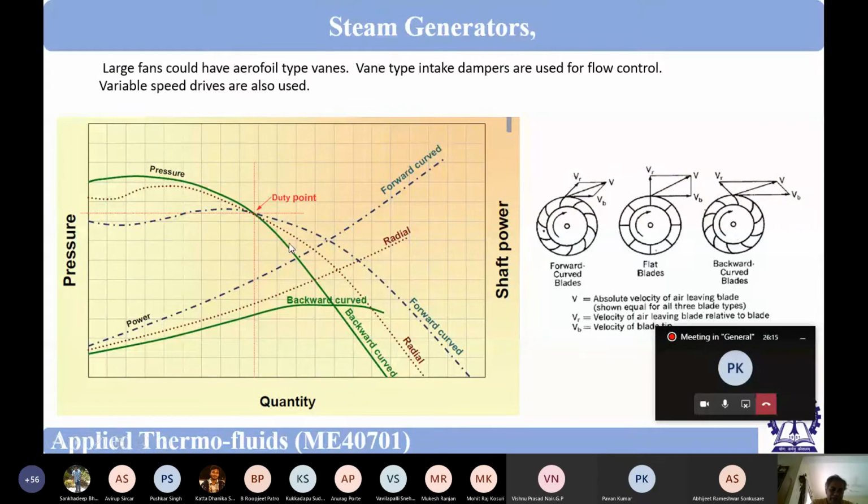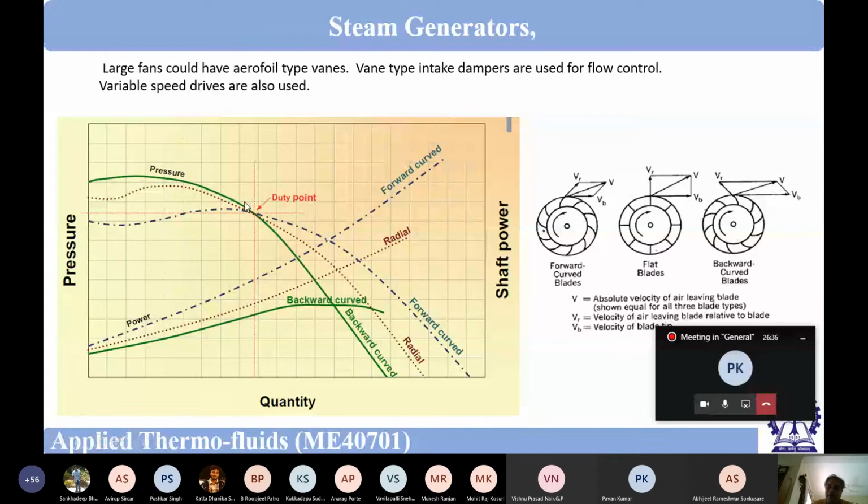No, I said it the wrong way around. It is like this: initially I was working here, then I increased the resistance, so I need more delta P. Needing more delta P means I have to move over here, and the flow rate will reduce.